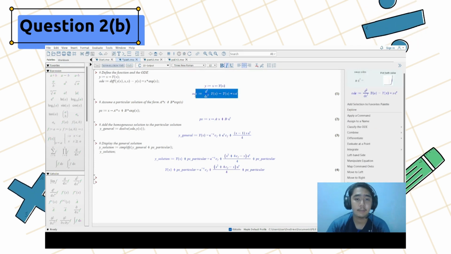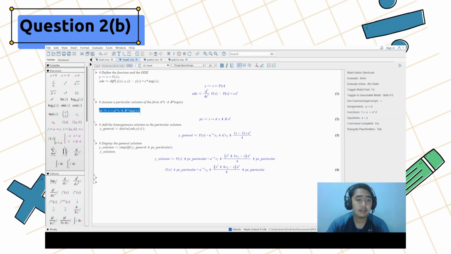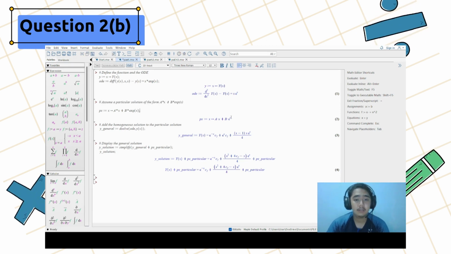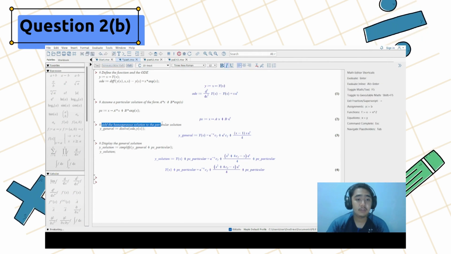So you will get this one, and then assume a particular solution of the form (a times x plus b) times exponent x. You need to enter this code to get this kind of particular solution, and then you will get it like this, and then add the homogeneous solution to the particular solution.